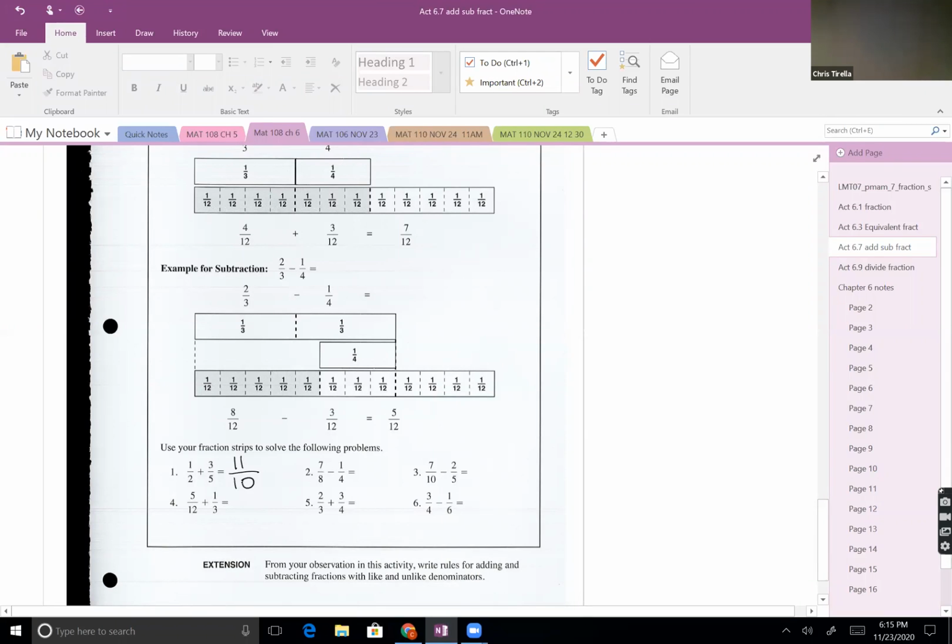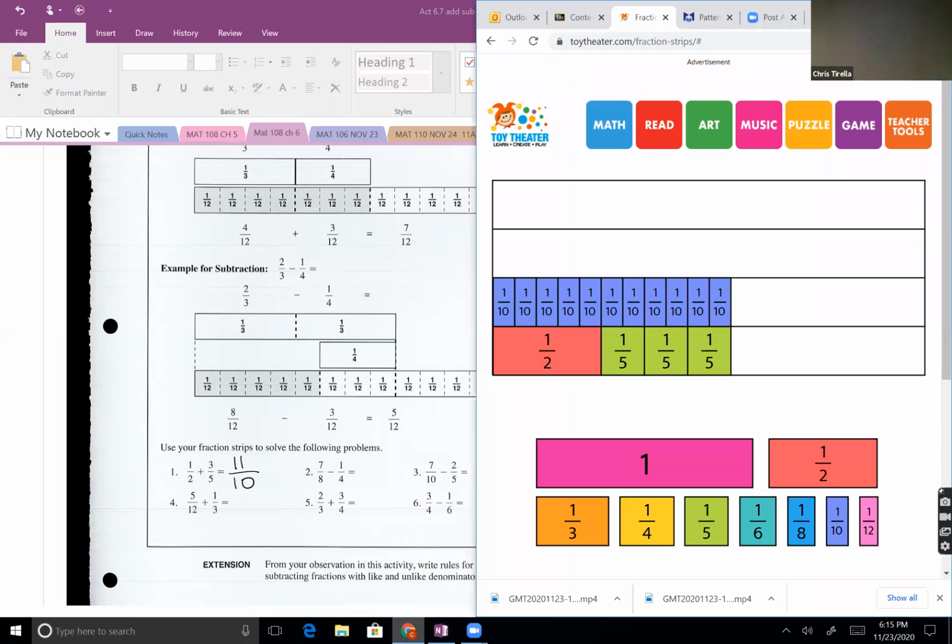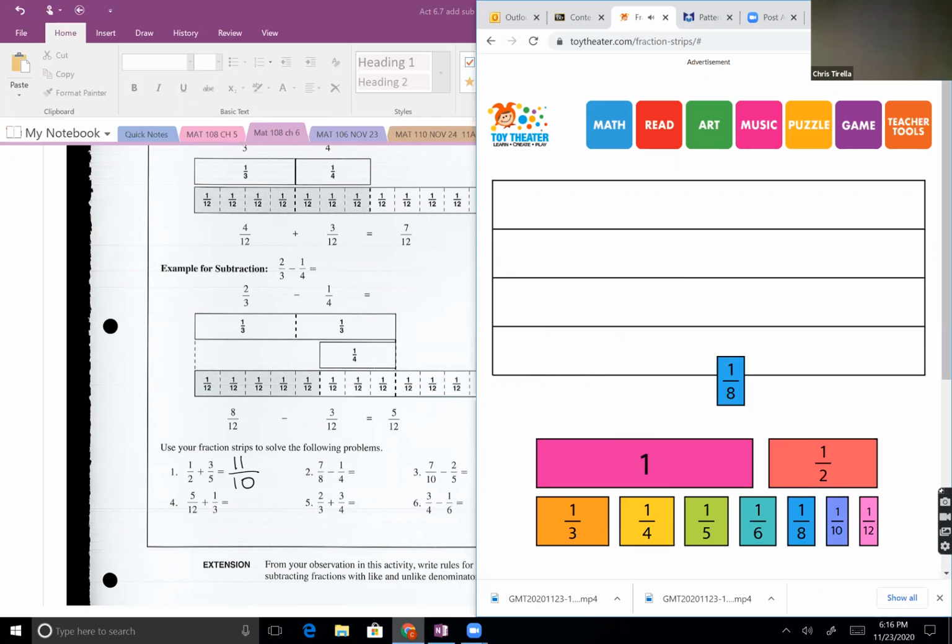And in the same way, if we just try to look at one more, if we look at that 7/8, so 7/8, we'd have 7 of these. And ideally, I'd be able to line up the 1/4 at the end, but this doesn't let me.